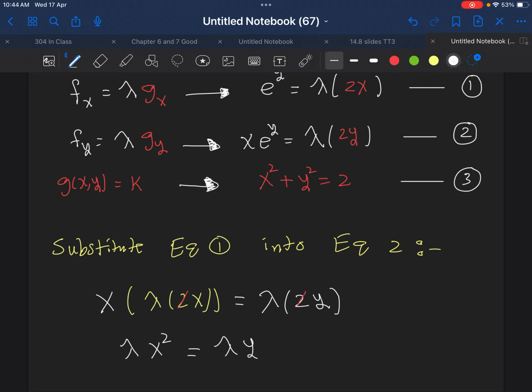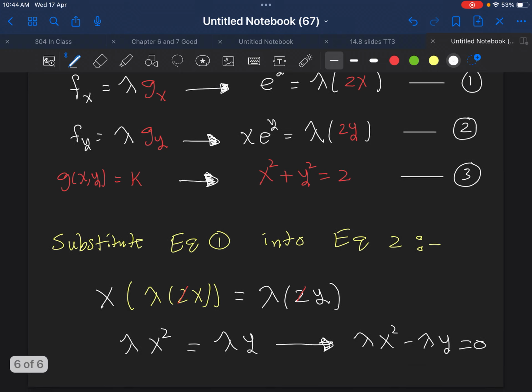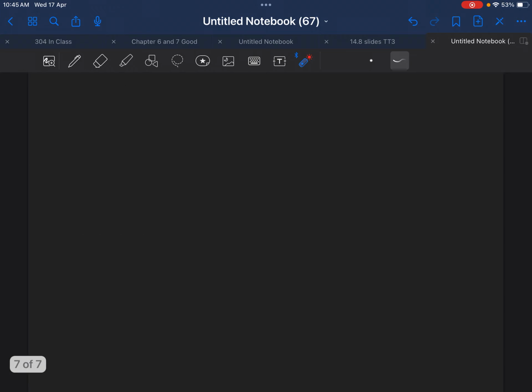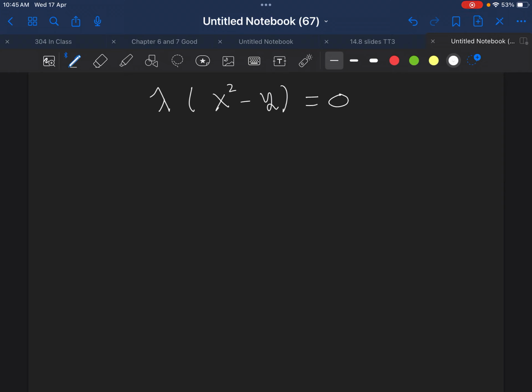So the best idea is we do the following. Take everything to the other side, we get lambda x squared minus lambda y equals 0, and now what you need to do is take lambda as common factor. That will be much cleaner here. So just let me go to the next page. If I take lambda as common factor, what I will end up with is lambda times (x squared minus y) equals 0.